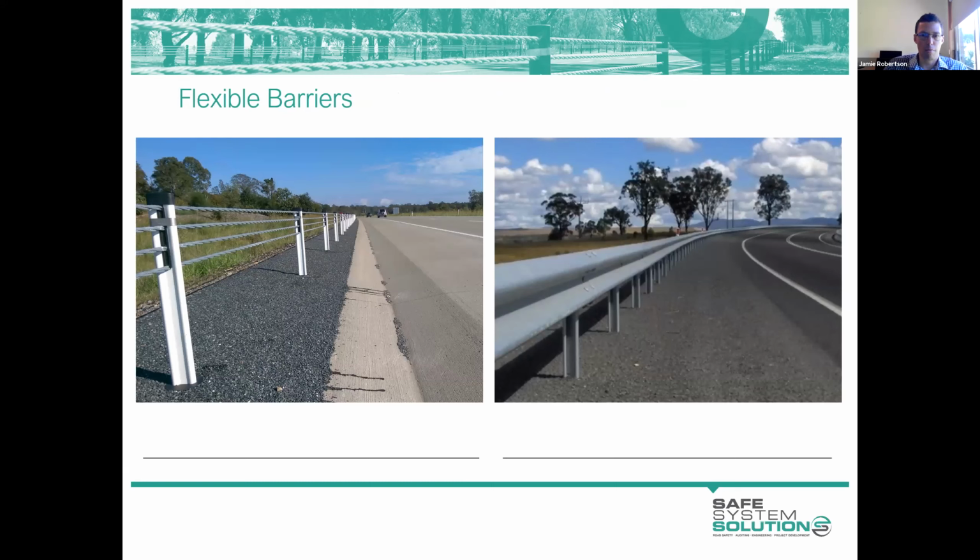There is a new suite of MASH tested wire ropes on the market, which look on the whole quite a bit different to the older products. They've been beefed up, their height has increased, their foundation details have changed. Wire rope products do deflect by more than flexible W-beam products, and because of that, they provide a slightly better safety outcome.